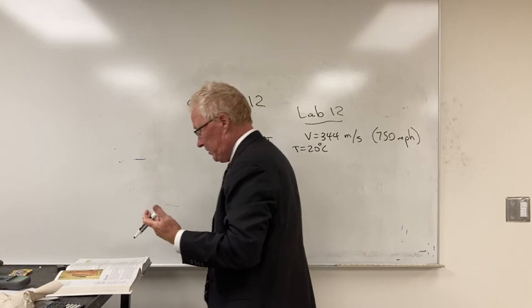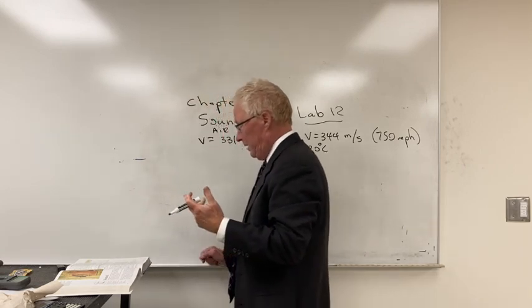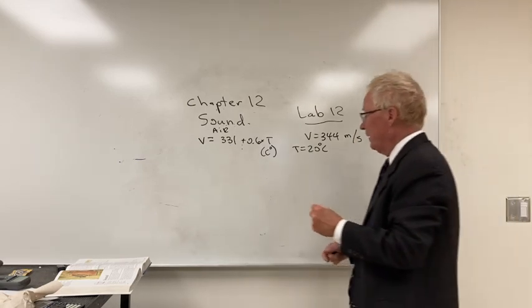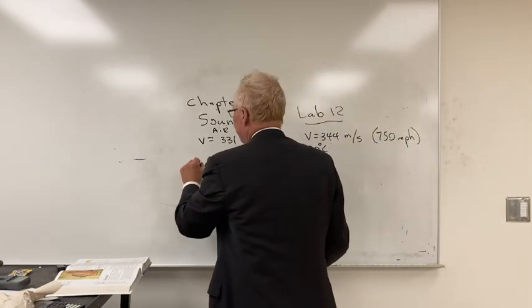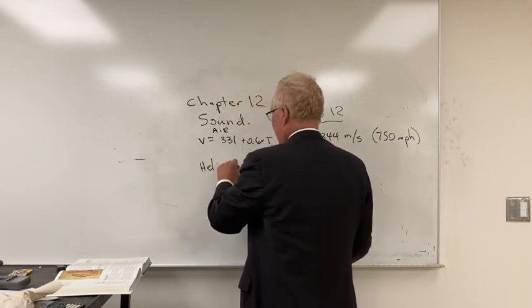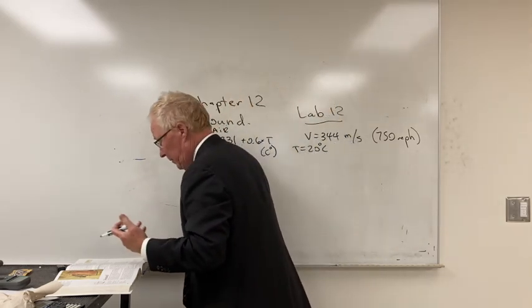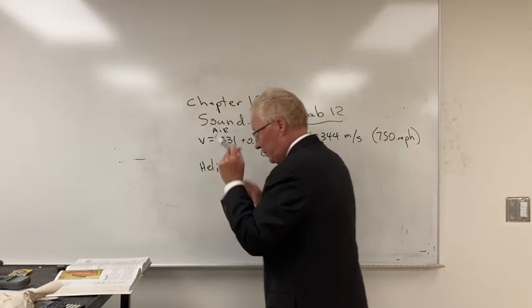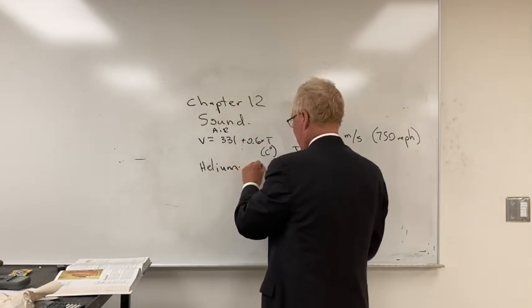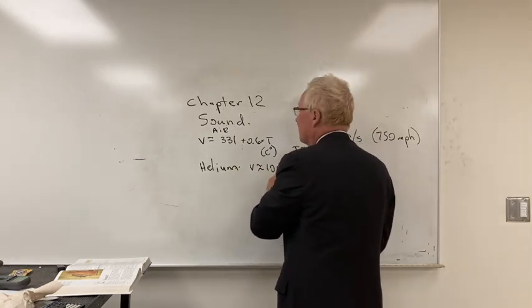All right, now that's just in air. In other materials, it's different. In helium, which is where you hear people sounding like Donald Duck, because it's so light, the speed of sound is approximately 1,000 meters per second.